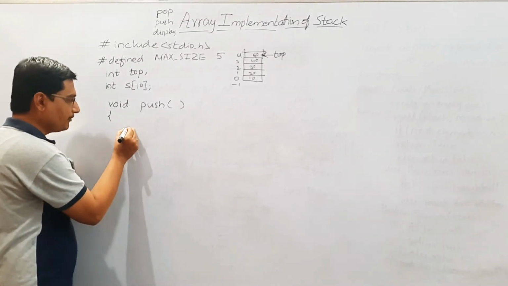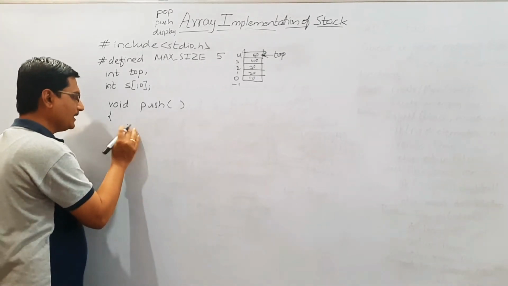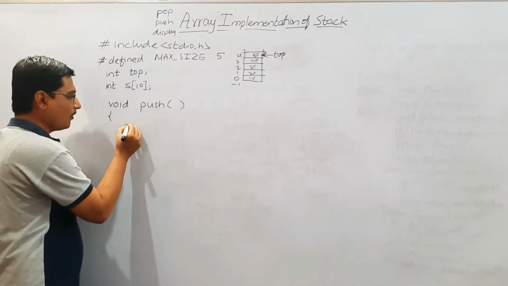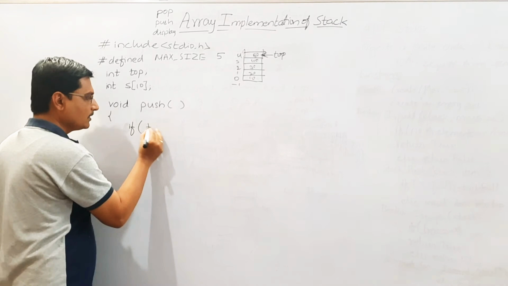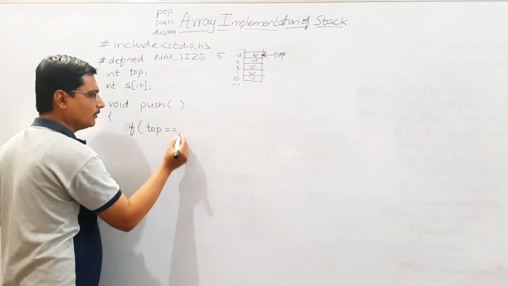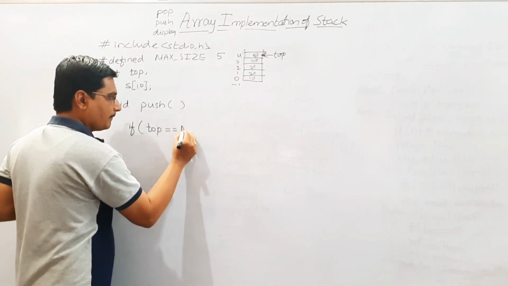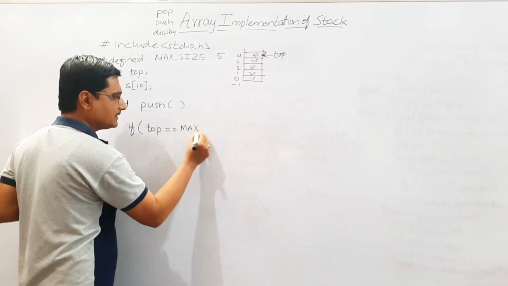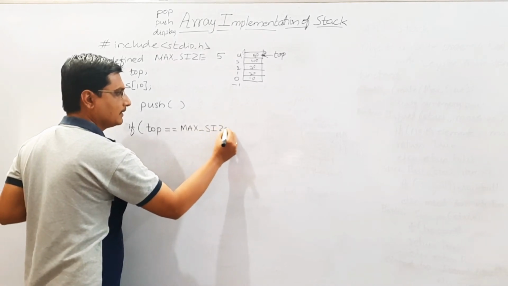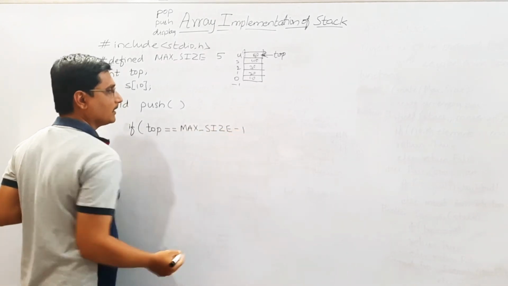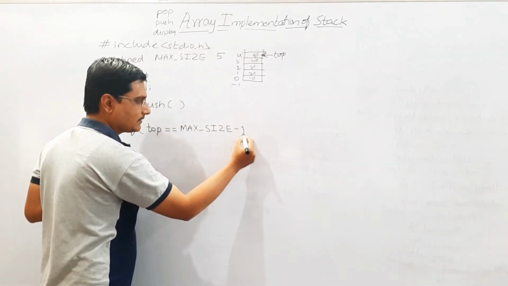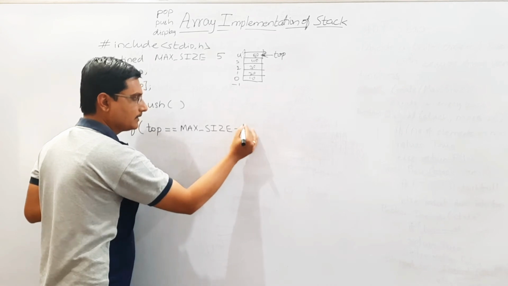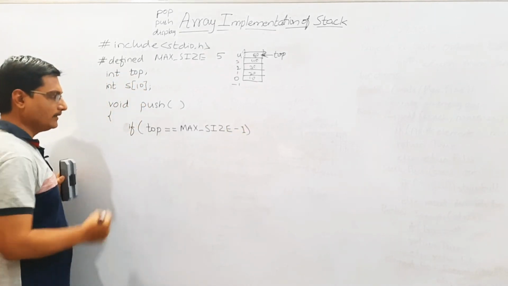So before inserting the element, we need to check whether it is overflowing. So first we need to check if top is equal to max size minus 1. As I have declared it as 5, you can consider it as 4 now.